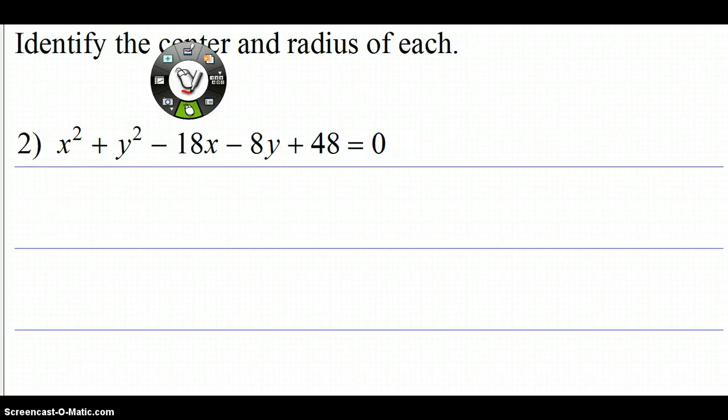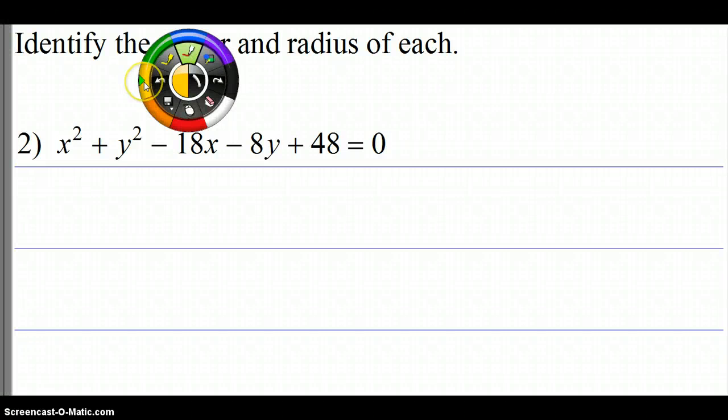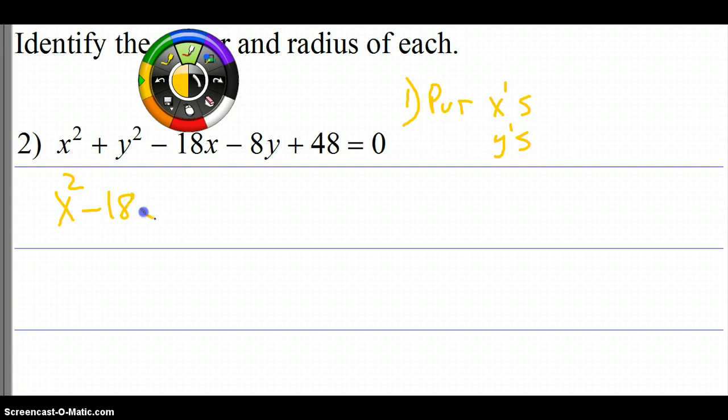So let's take a look at problem number 2. So again, what you want to do is you want to put all the x's together and all the y's together. So this first step would look like x squared minus 18x and a y squared minus an 8y.